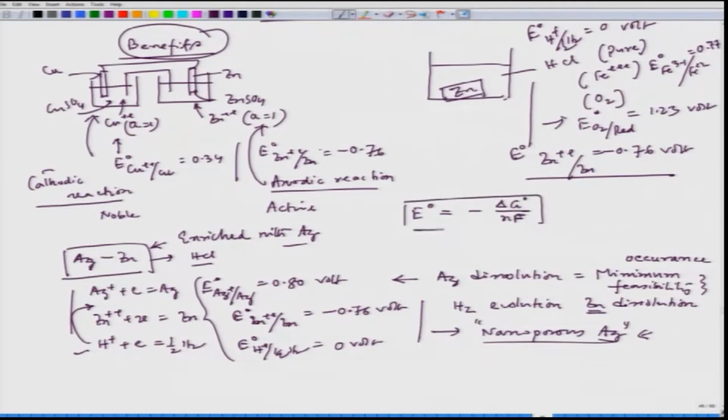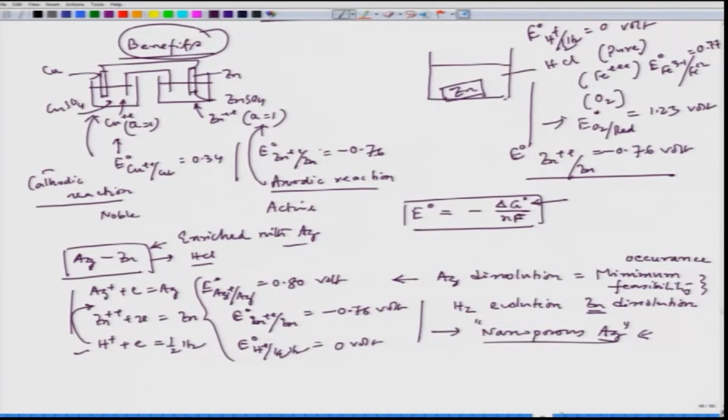So this is a thermodynamic state function change, which is the Gibbs free energy change in the standard condition. n is the number of electrons associated with that reduction process and F is one Faraday. So at least from this we can tell that thermodynamically zinc dissolution would happen and the other reduction processes would take place.